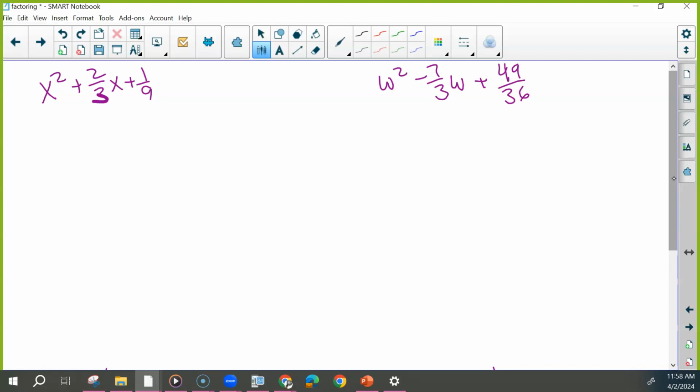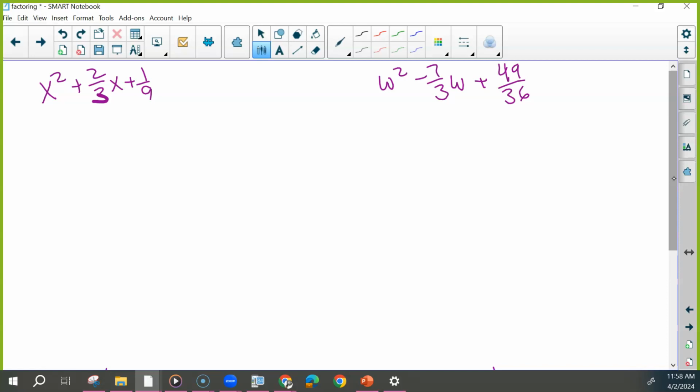Somewhere where you have space, write that. And this is a different type of trinomial that you would have to figure out how to do. When you see something like this, we don't want to leave these fractions in here. We want to get rid of them.